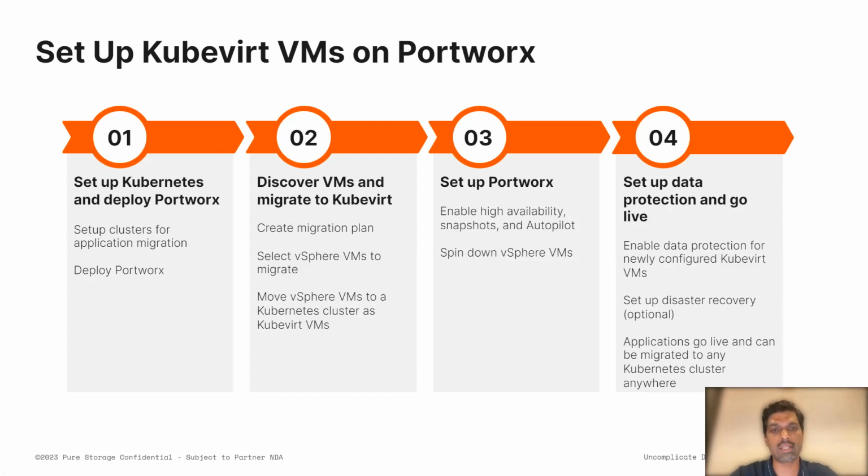So it's really straightforward to discover your traditional vSphere VMs, migrate them to Kubevirt, and set up Portworx after that, with the capabilities you need, whether that's high availability, snapshots, the size of your clusters, autopilot, auto scaling, all of the data management capabilities you need. And then you set up Portworx Backup, which is the backup and restore capability from Portworx. You add your Kubernetes clusters onto Portworx Backup, and then you start to enable data protection for these Kubevirt VMs.